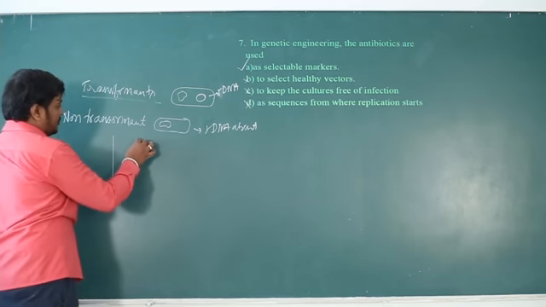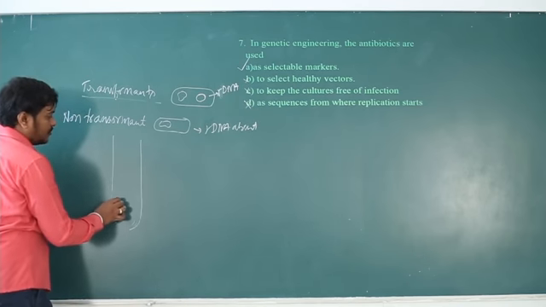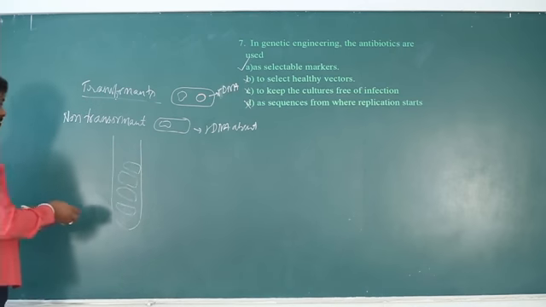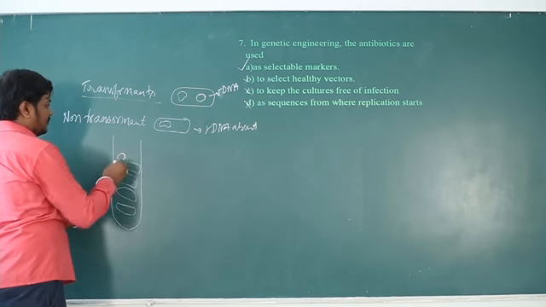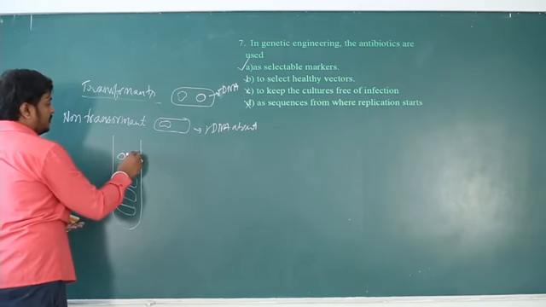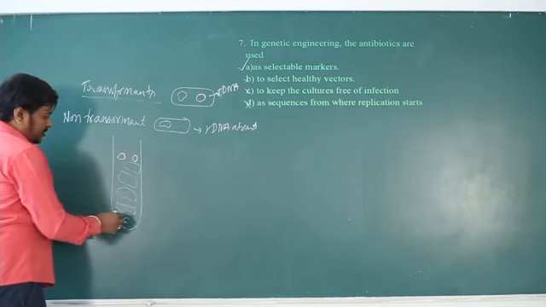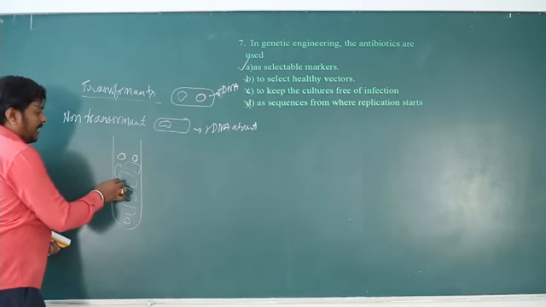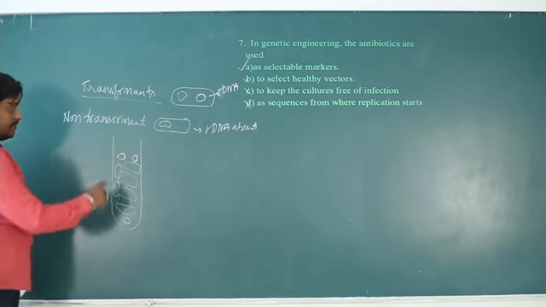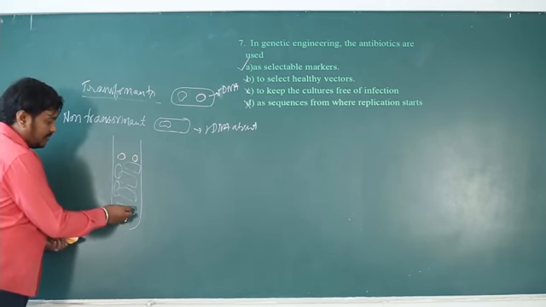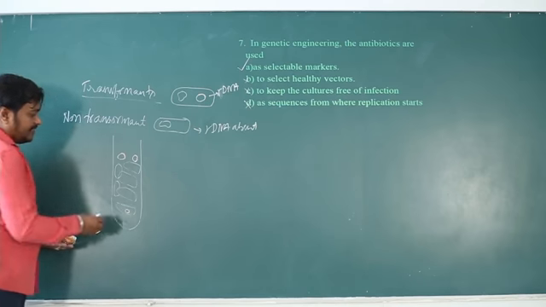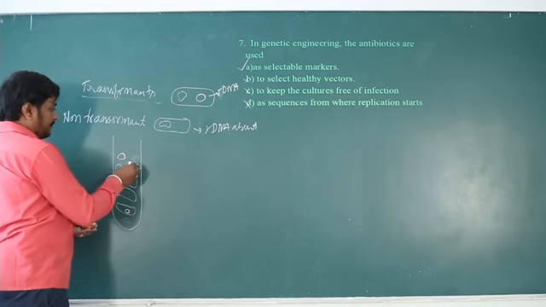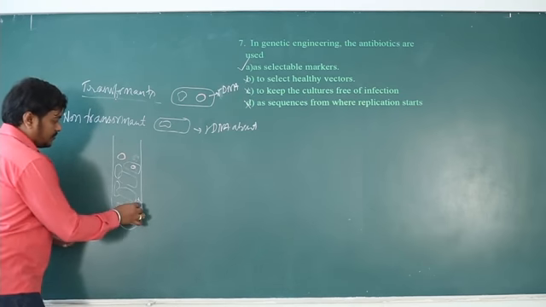So the whole process takes place in a test tube. In a test tube we add many bacteria, of course millions of bacterial cells. Then we add plasmids. Among these millions of bacteria, only a few are able to take up the rDNA. Let's say this is the one which has taken up our desired rDNA, and here also.